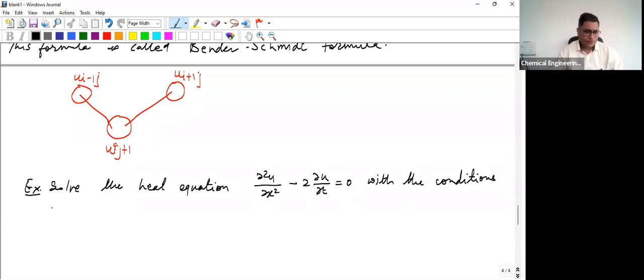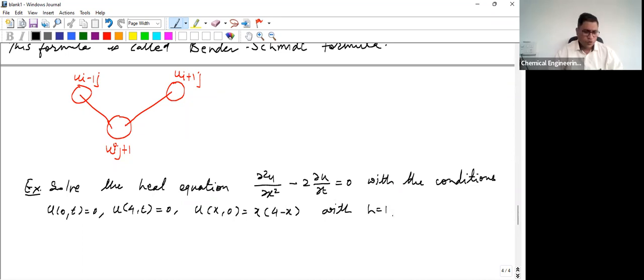What are the conditions we have? u of x, 0 is equal to 0. u of 0, t is equal to 0. u of 4, t is equal to 0. u of x, 0 is equal to x into 4 minus x, with h is equal to 1.